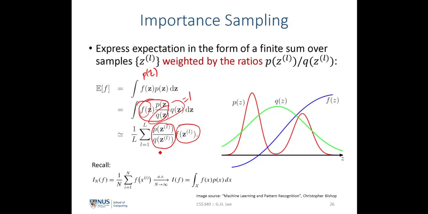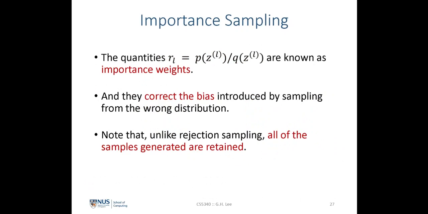We evaluate these terms with the samples z_l drawn from the proposal distribution q, as given by the law of large numbers we saw in the previous slide. The ratio of the target distribution divided by the proposal distribution, which we denote as r_l, is known as the importance weight.